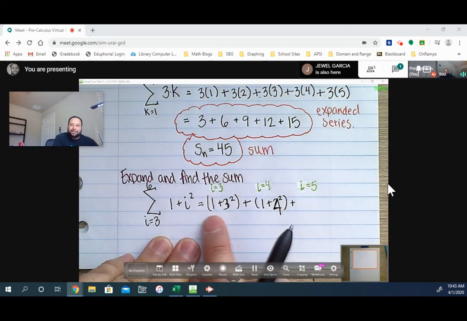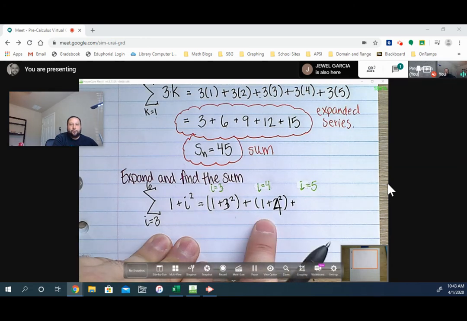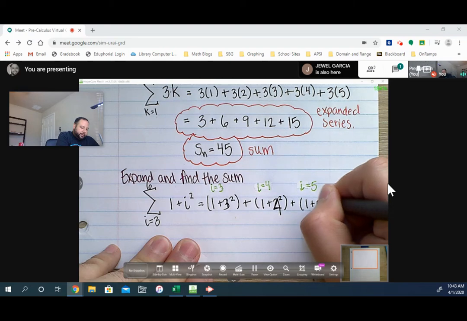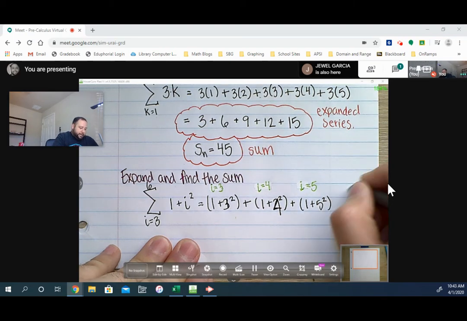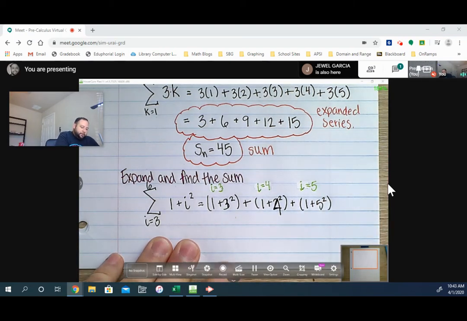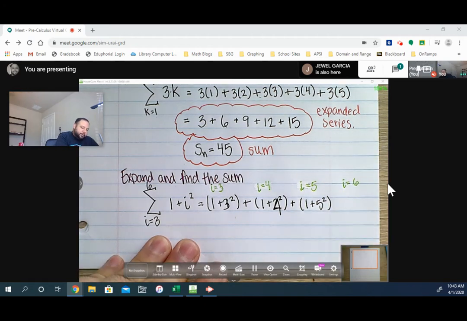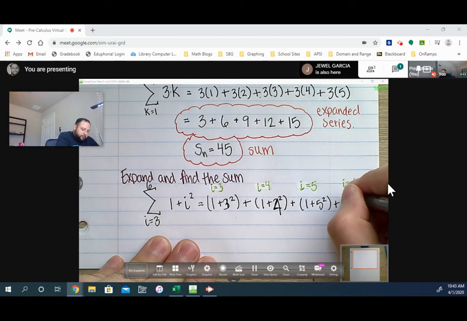So it's 1 plus 3 squared plus 1 plus 4 squared plus 1 plus 5 squared. And then I have one more, which is when i is equal to 6, so plus 1 plus 6 squared.